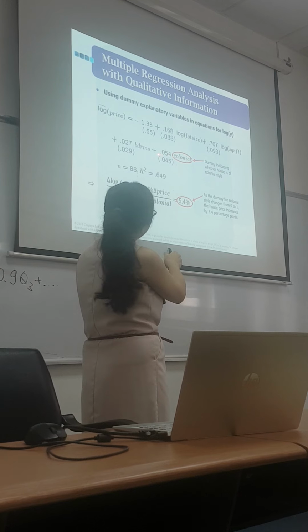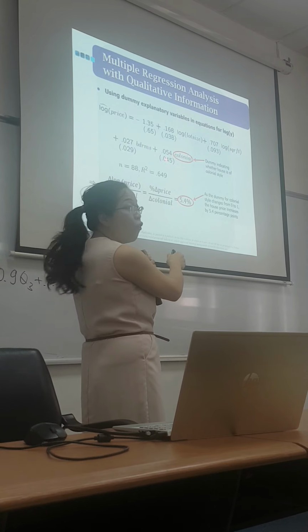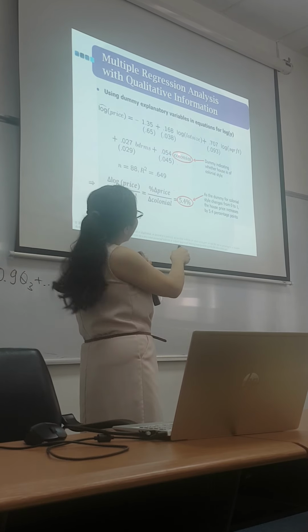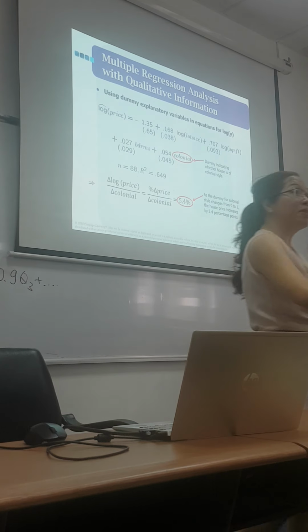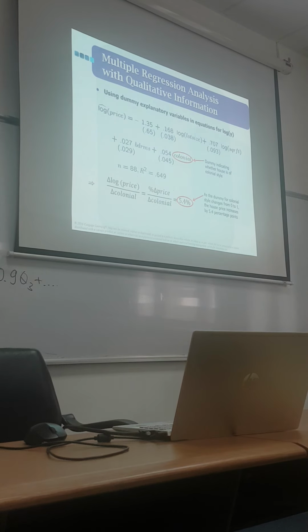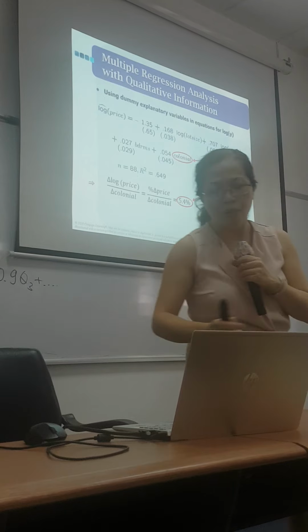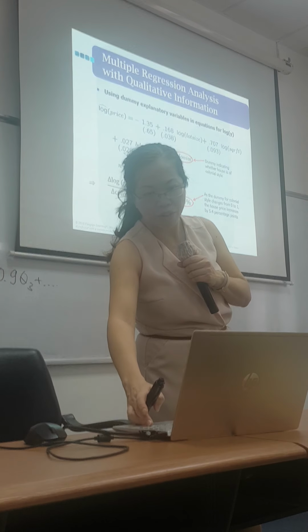And then we have 0.054. We're going to say, if the house is colonial style, then the house price is going to increase by 5.4%. Remember, log is in terms of percentage. So that's log y, and we know that already.